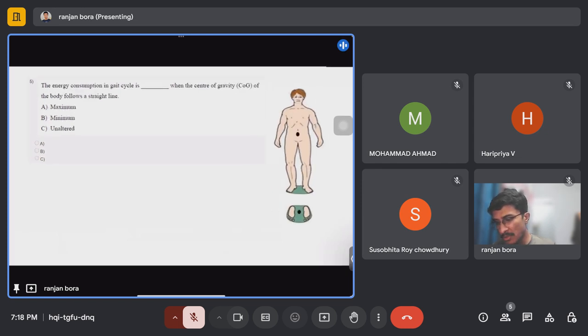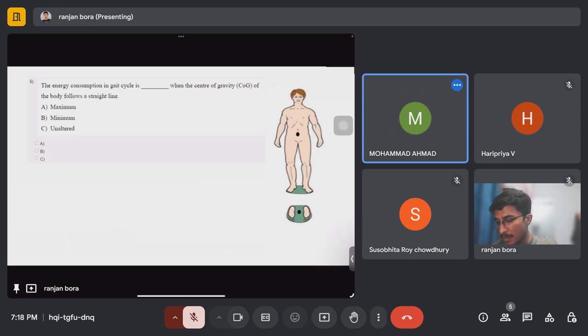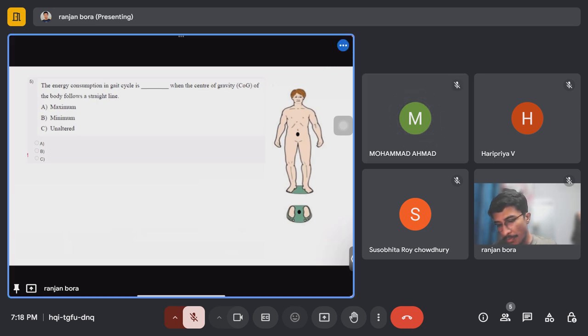The energy consumption in gait cycle is dash when the center of gravity of the body follows a straight line. What will happen during the gait if we follow a straight line? Because if we follow a straight line path, then what is the center of gravity?